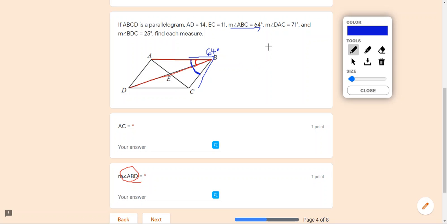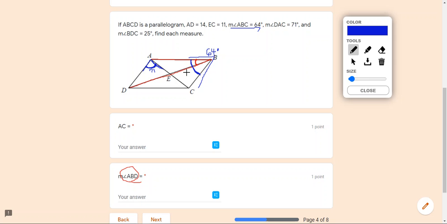Let's find out. They've also given us DAC. DAC is what appears to be this obtuse angle. Not the entire angle, but just this portion from line AD to AC. And we have been told that that is equal to 71.